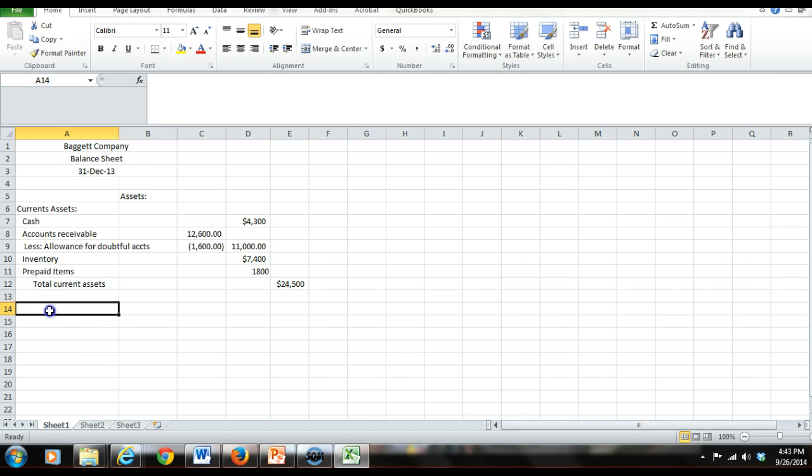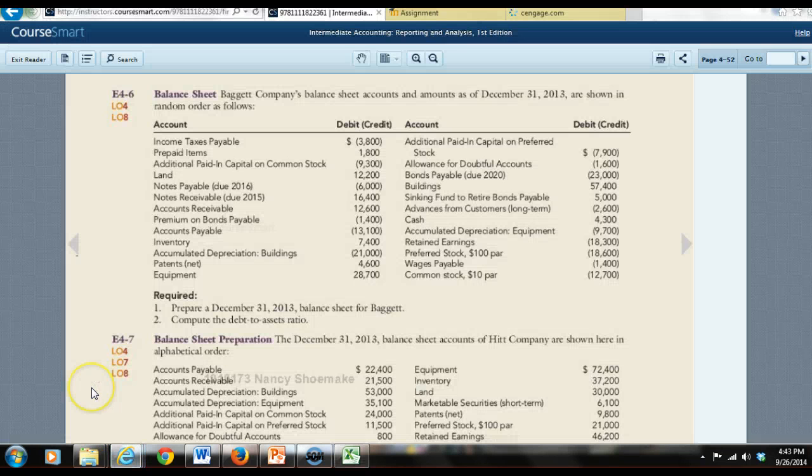Got it. The next will be our long-term investments. Now these long-term investments are those that are absolutely over a year in order to be collected. The one we've got here is notes receivable, and that one would be $16,400. Now, as I look here, it looks like I missed one. We do have an asset here, sinking fund to retire bonds payable.